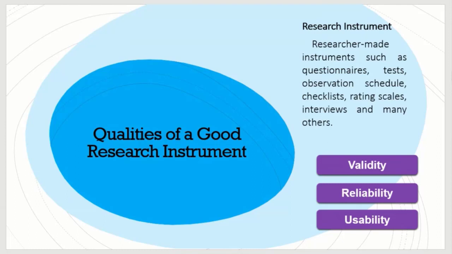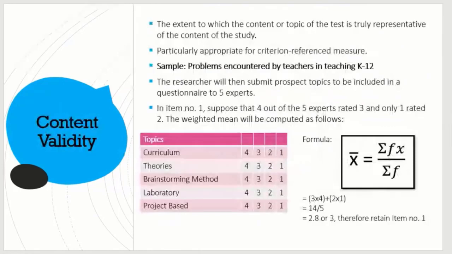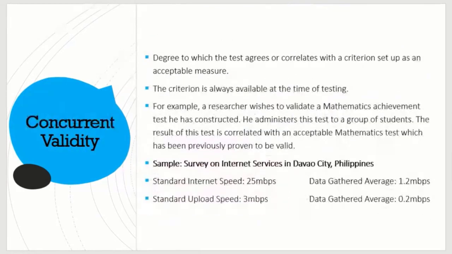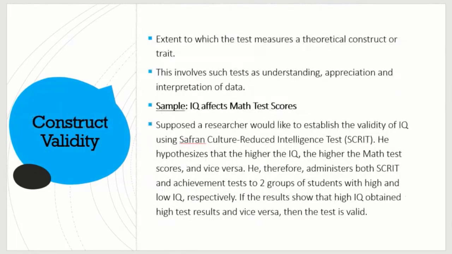So this is a continuation of the Practical Research 2 discussion. Yesterday we were talking about the qualities of a good research instrument, and we have already discussed validity. We also discussed the 4 types of validity tests, which are content validity, concurrent validity, predictive validity, and construct validity.